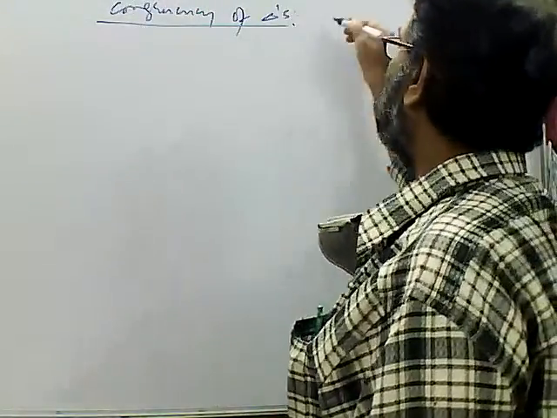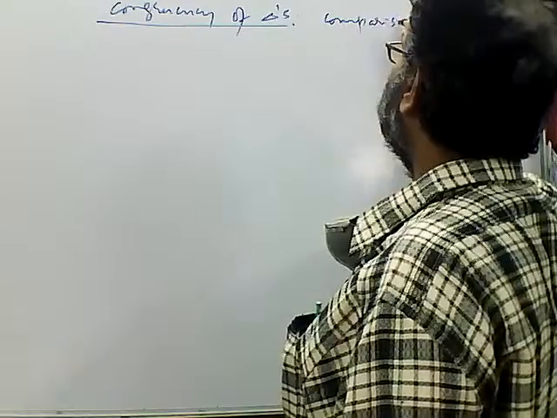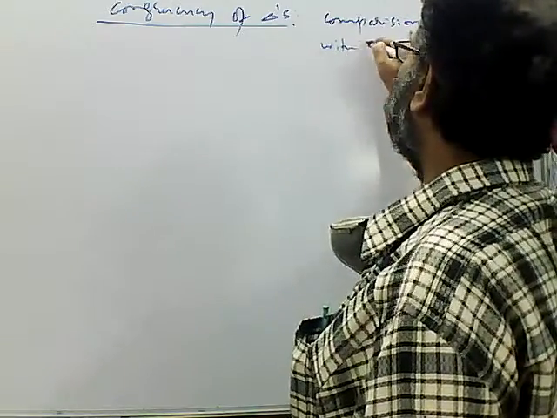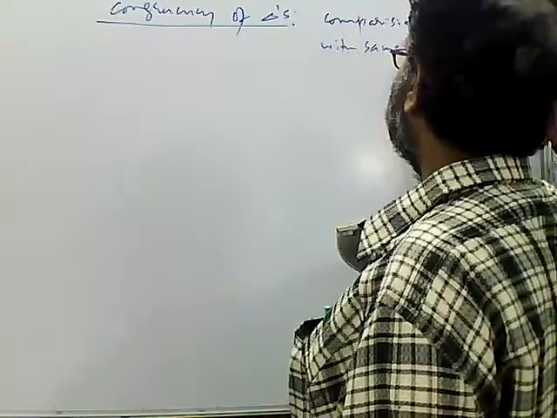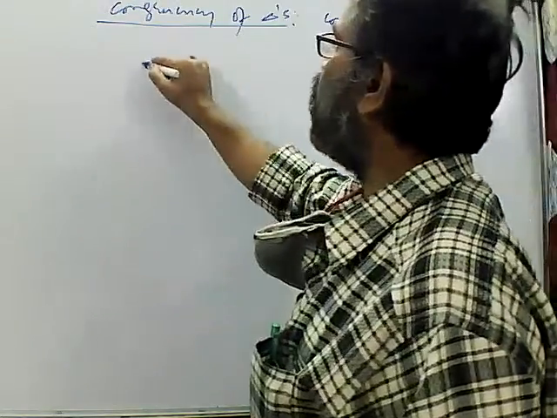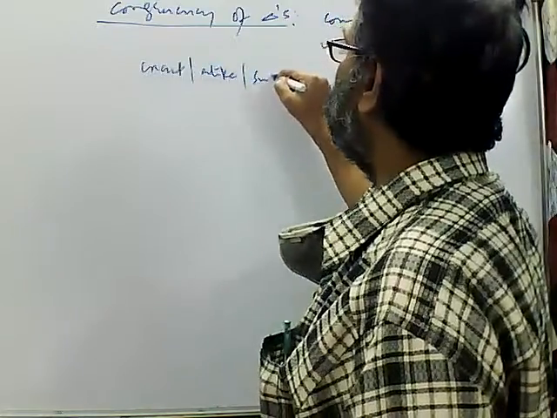I told you, congruency of triangles is nothing but comparison of triangles with the same shape and same size. Exact, alike, superimposed figures. So we are discussing the congruency of triangles.